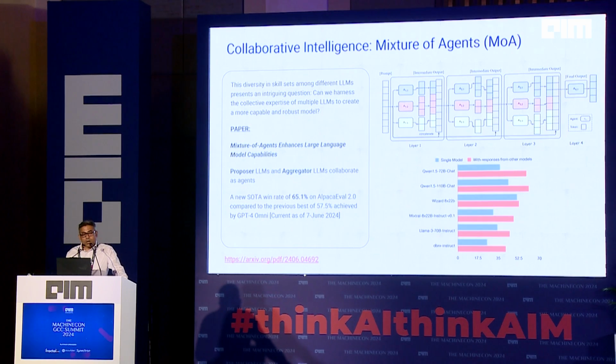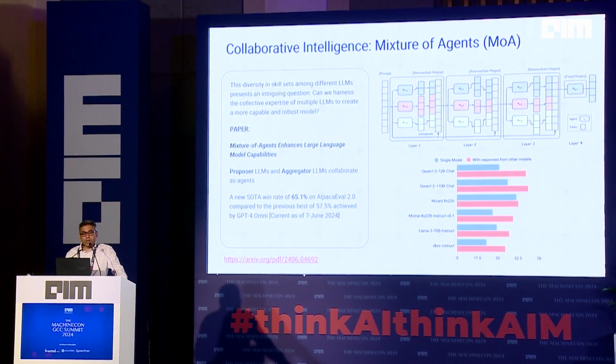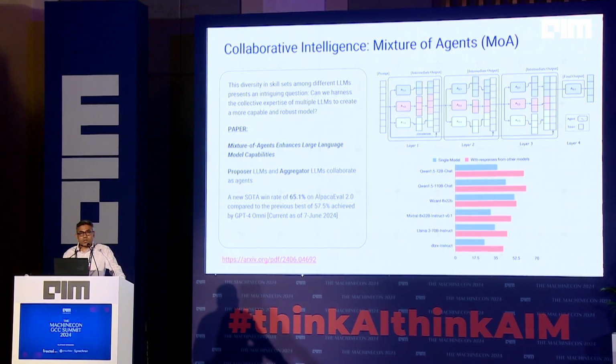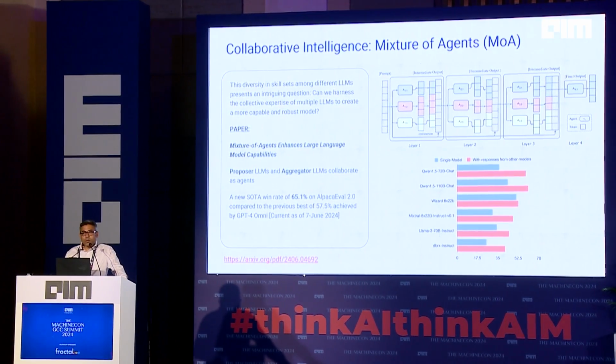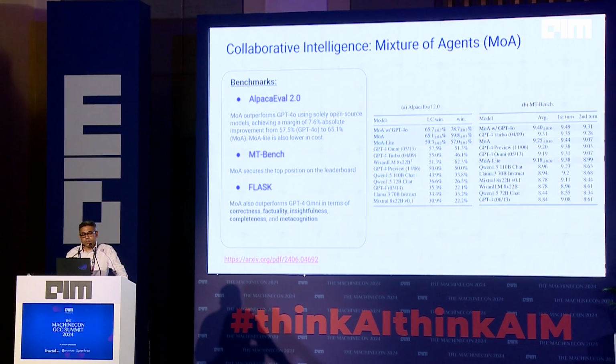So the new state of the art win rate is 65.1%, a good 7.5% higher margin over the dethroned leader, which is GPT-4o, which was able to achieve 57.5. In the field of AI, it's actually very difficult to achieve such a big margin when you benchmark new models. So the whole industry is still absorbing this news and trying to figure out how this is even possible.